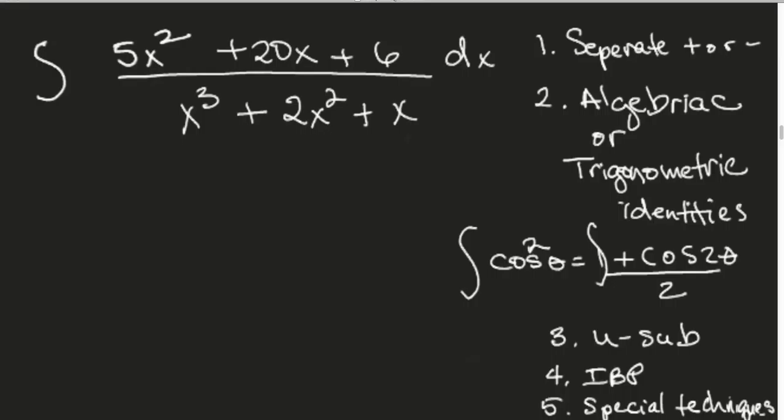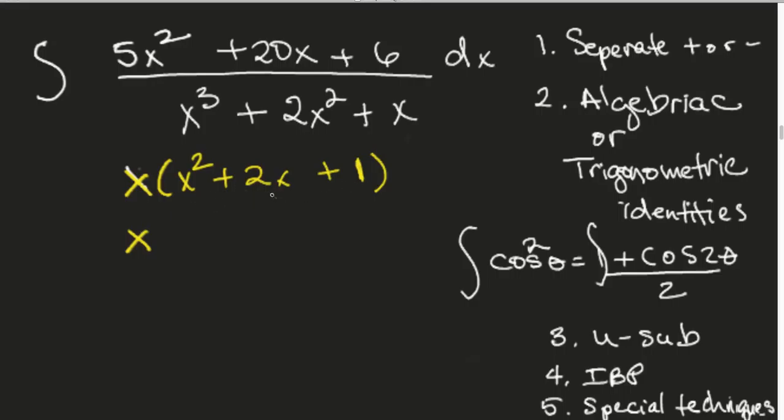And when I factor out an x, what's left behind? x squared plus 2x plus 1. Good. And then what does that factor into? Does this trinomial factor at all? x plus 1 times x plus 1.